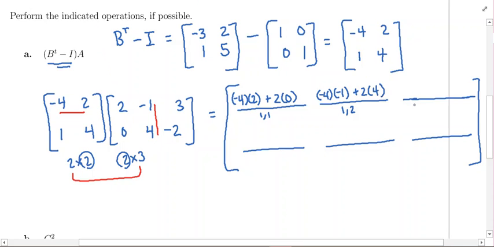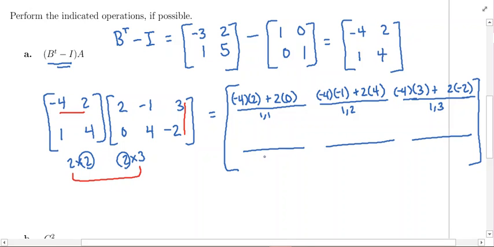Lastly, for this row, we've got the first row, third column. Now we're doing the dot product of the first row and the third column, so we'll have -4 times 3 plus 2 times -2. And we're done with the first row.